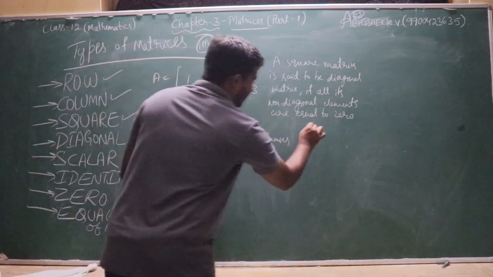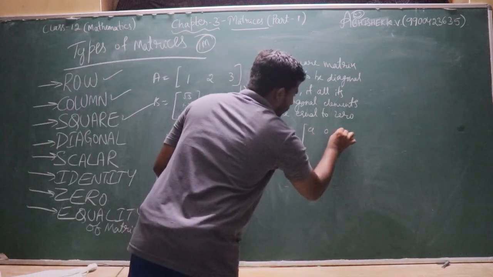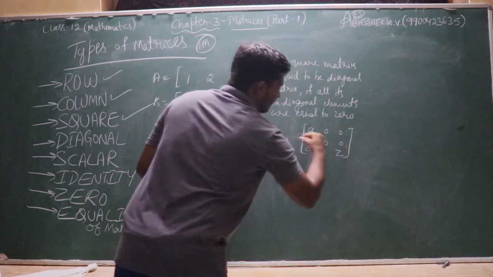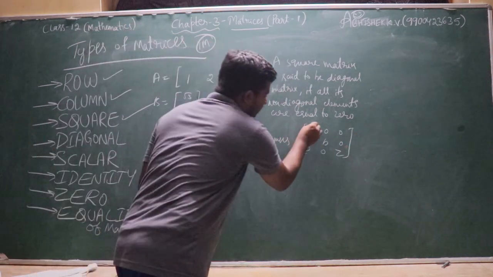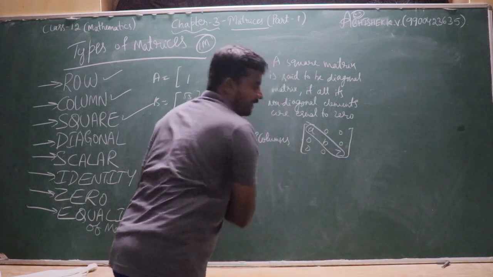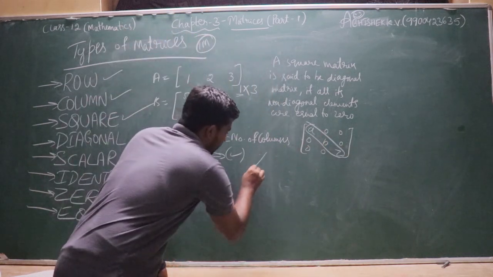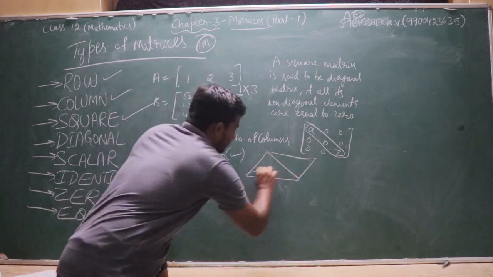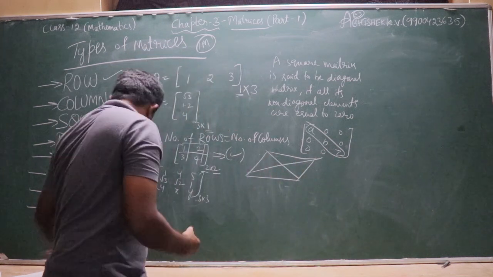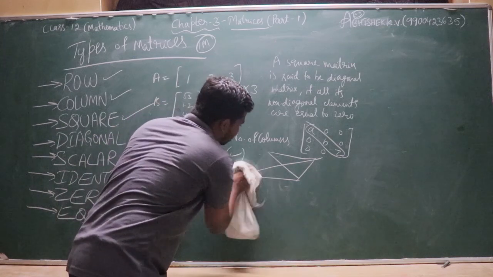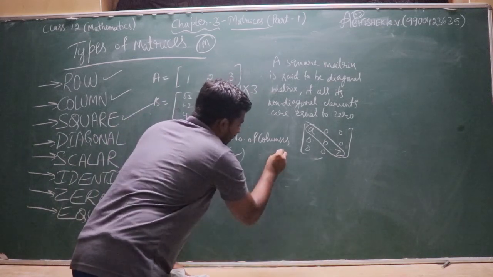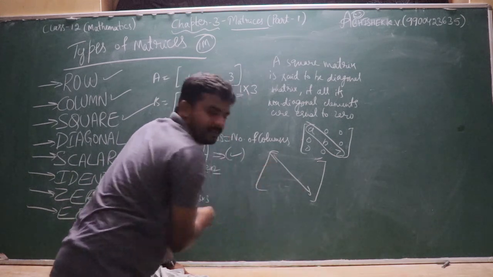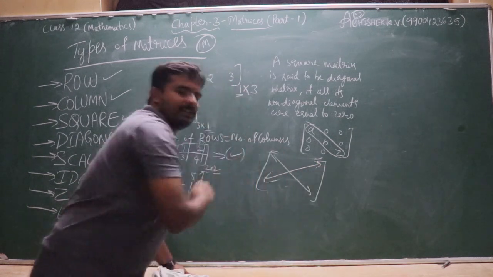If I consider this matrix with a, 0, 0, 0, b, 0, 0, 0, c, these are the diagonal elements, right? If I consider this parallelogram, this is the diagonal, this is the anti-diagonal. Therefore, if you consider the matrix as a rectangular array, this is the diagonal, this is the anti-diagonal.